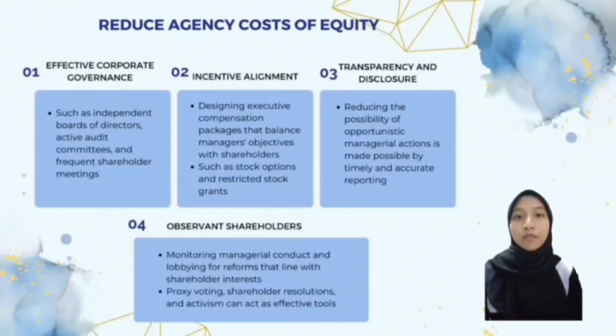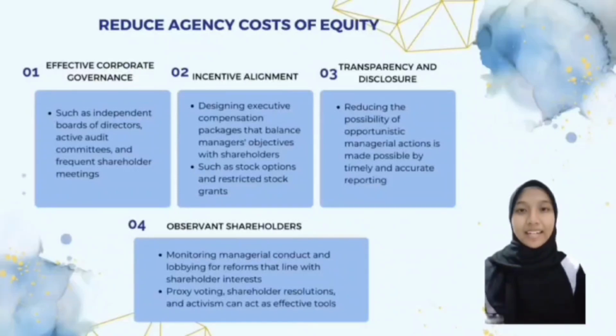First, effective corporate governance. Strong corporate governance systems include independent boards of directors, active audit committees, and frequent shareholder meetings. Next, designing executive compensation packages that balance manager objectives with shareholders' is one of the proactive approaches to reducing agency expenses, such as stock options and restricted stock grants.